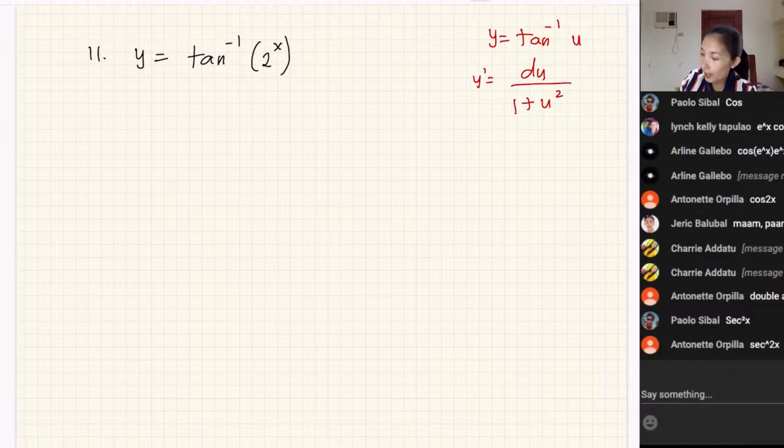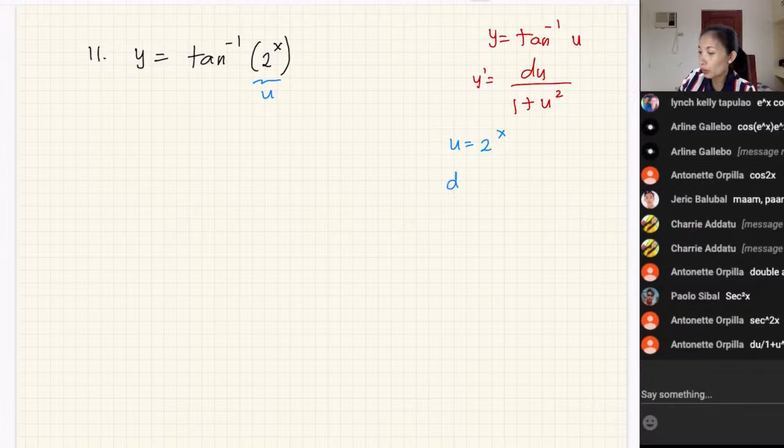Okay, so in this case, your u is 2 to the x. So let u be equal to 2 raised to x. Du over 1 plus u squared, and du is equal to 2 to the x times the natural logarithm of 2. So let's answer this now.